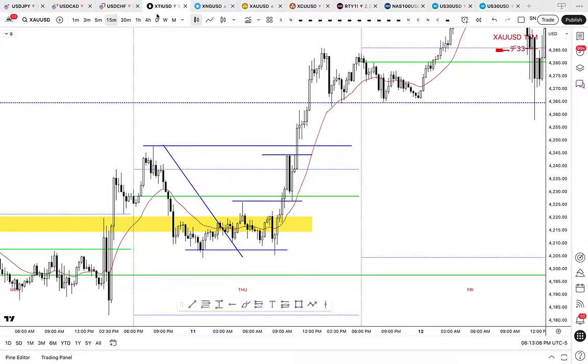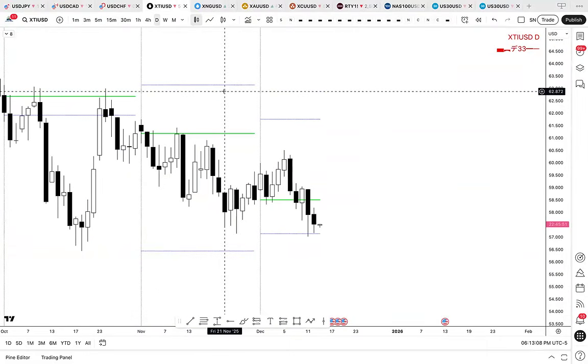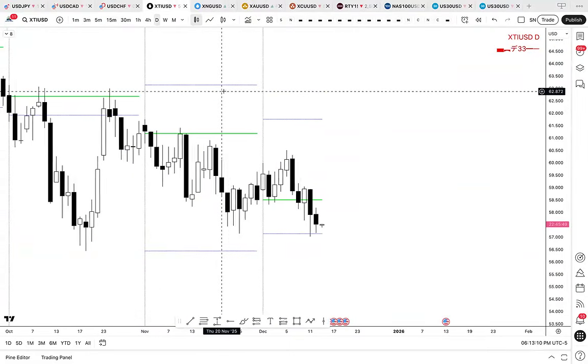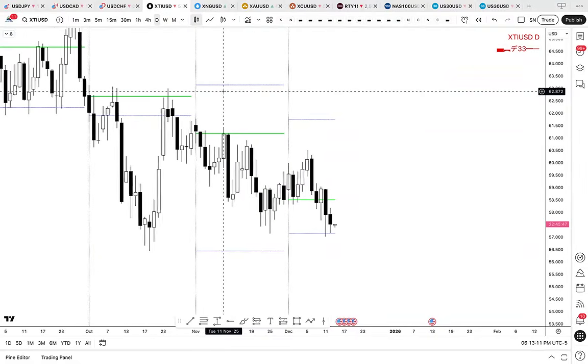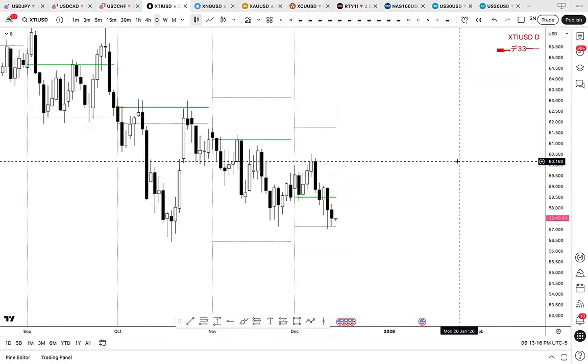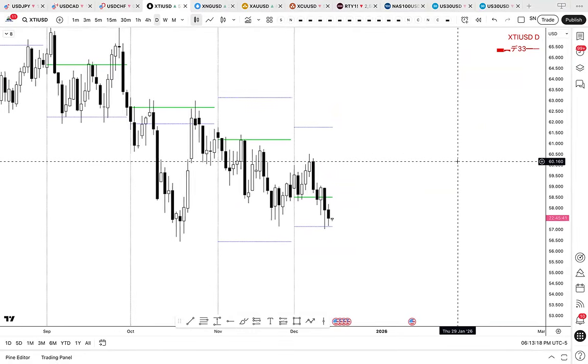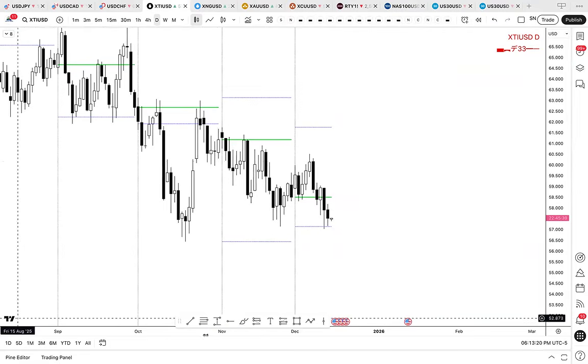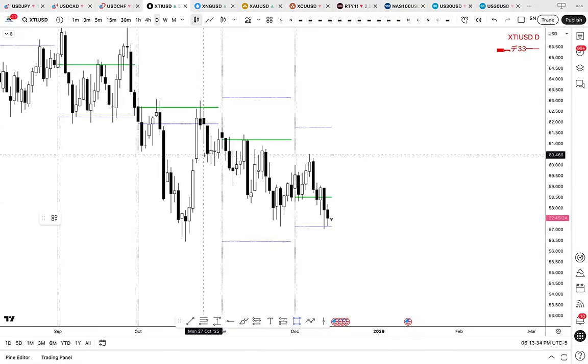But to go into another example here, oil was another beautiful example of how market structure just plays out. Markets only do three things. Now, I'm zooming out just to give a bigger perspective here. I'm only looking for signals. But if you're one of those traders who finds that too vague, let's look at the market structure.